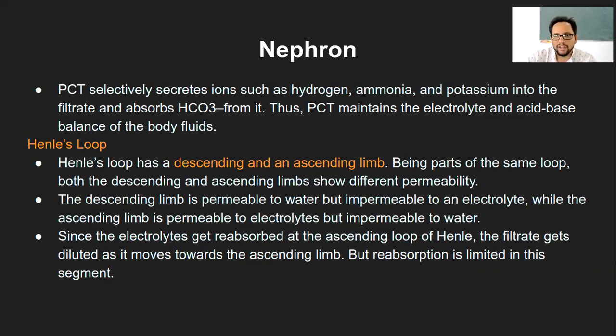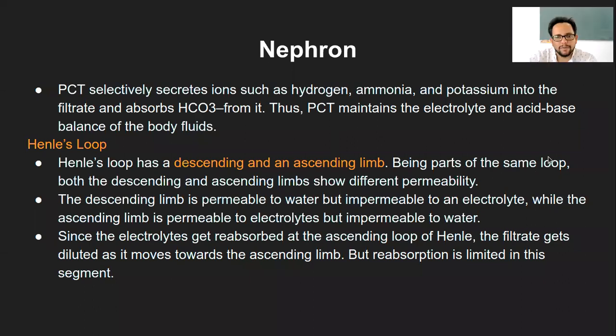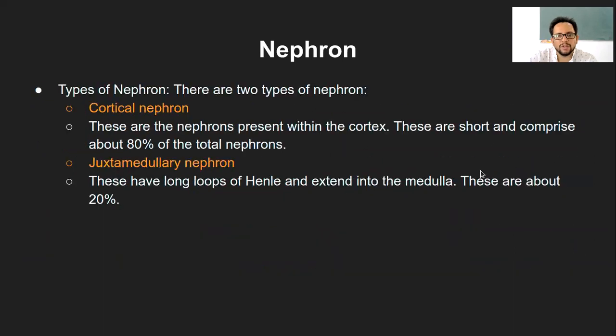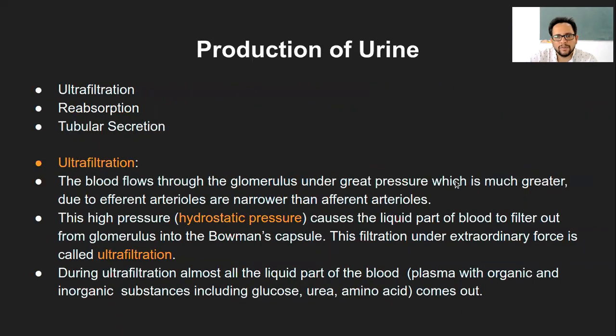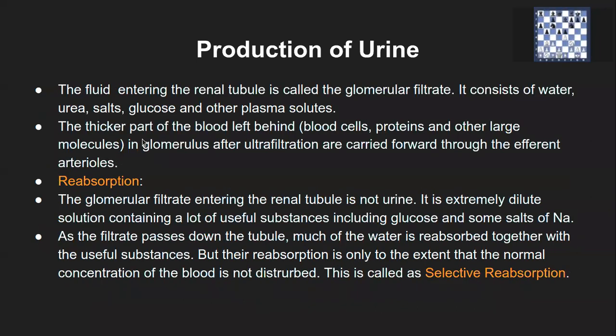Again, any question, anyone? This is under the heading of reabsorption. No, that we will see further. Let me show you that part as well. When we talk of the production of urine, we will talk of these three things specifically: ultrafiltration, reabsorption, and tubular secretion, which we have seen to some extent.